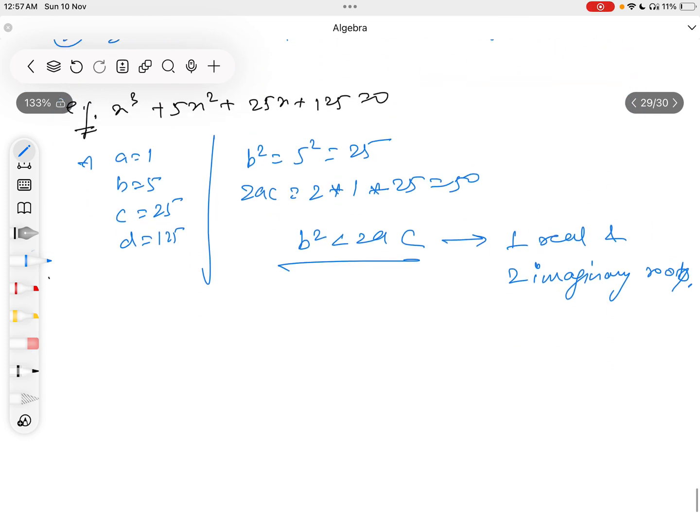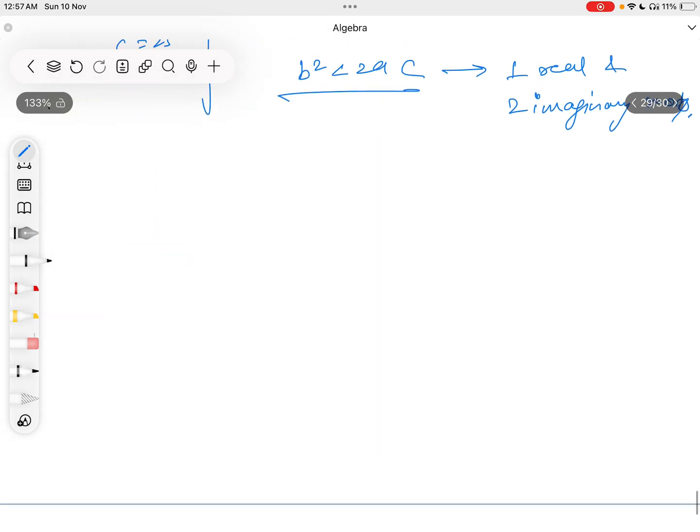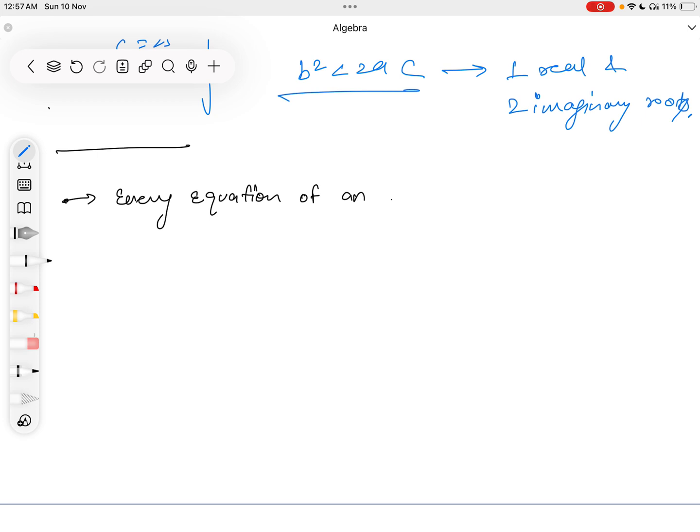So this is about it. Before we move further, I'm telling you two very important properties, so just remember them as they are. First is, every equation of an even degree, that is, highest power is 2, 4, 6, 8, 10, and so on, with coefficient.